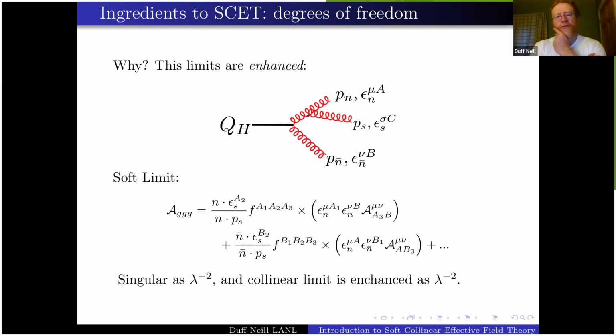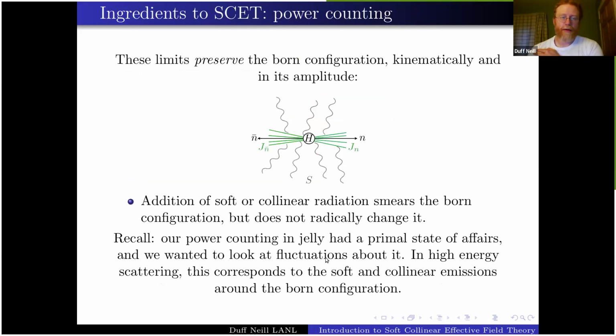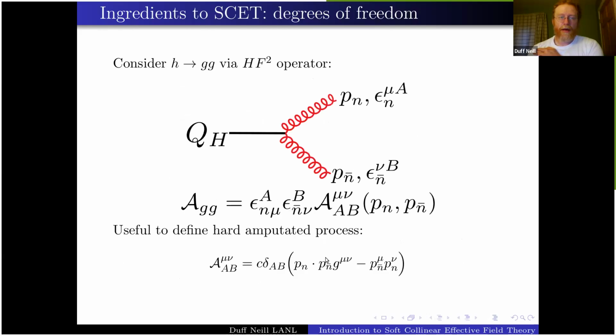So I promised you that by the analysis of just perturbation theory, we would be able to rapidly see why we want to pay attention to these soft and collinear degrees of freedom. And earlier, we had the process, let me go back, of this Higgs decay to 2 gluons.